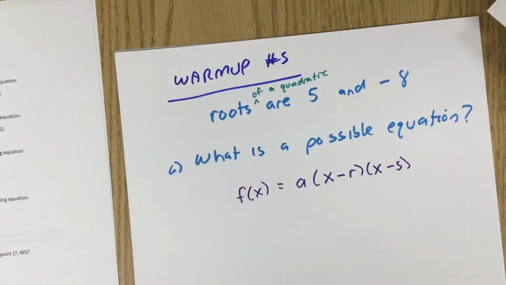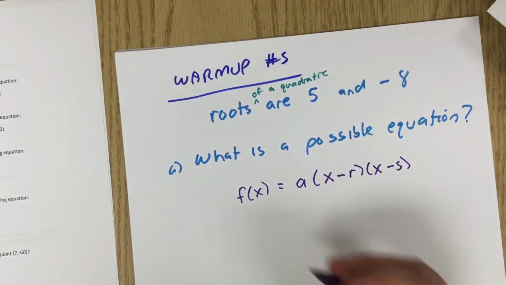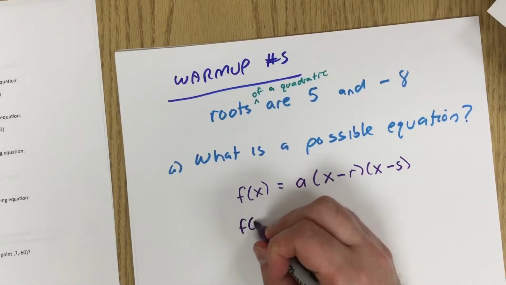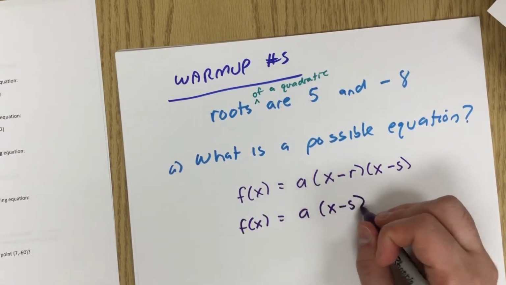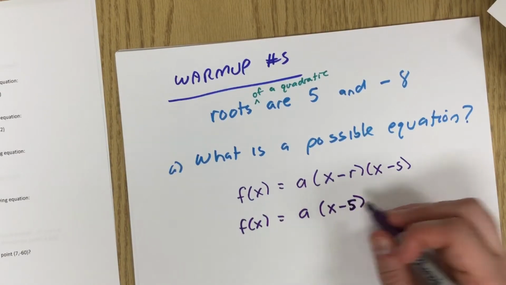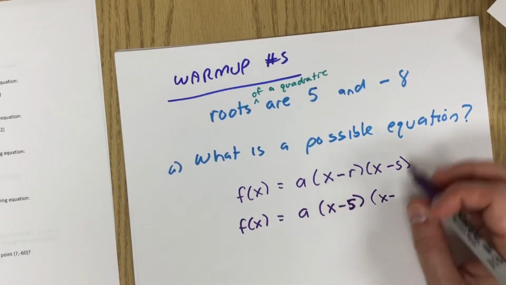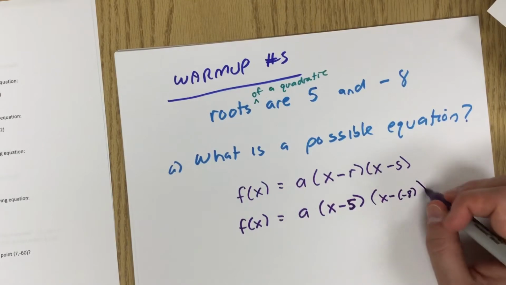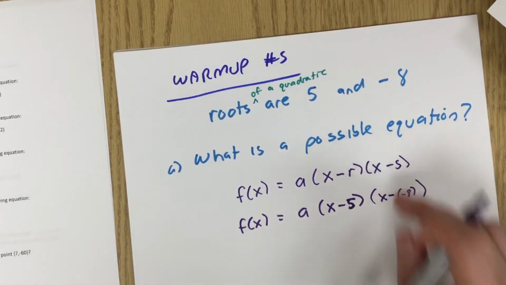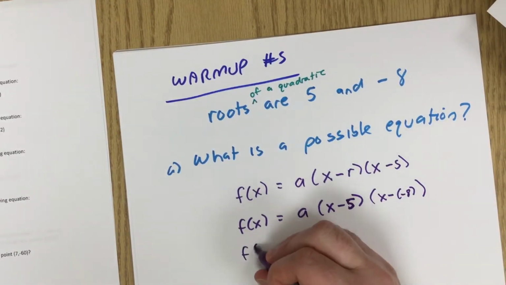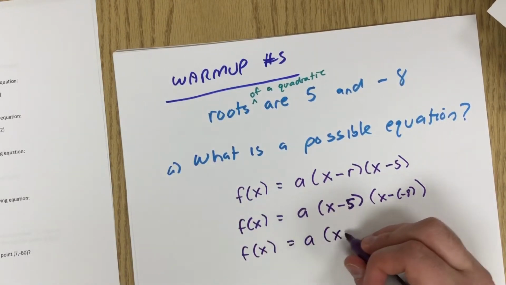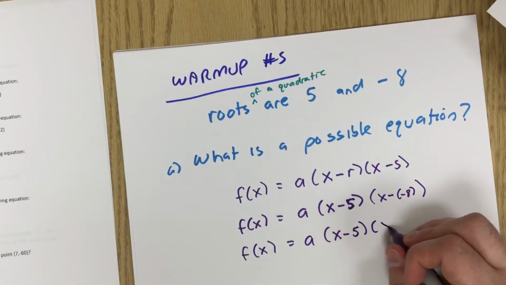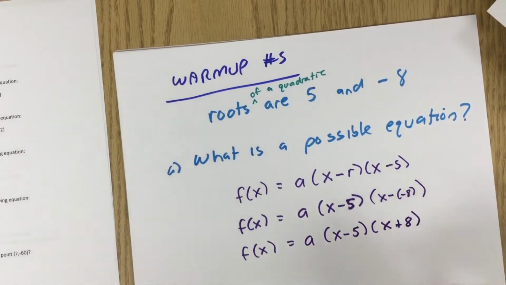And we know that the roots are 5 and -8, so the equation is going to be a(x - 5), that's a 5, not an s, and (x - -8). So we plug the roots in for those two things, and we get f of x is a(x - 5)(x + 8).